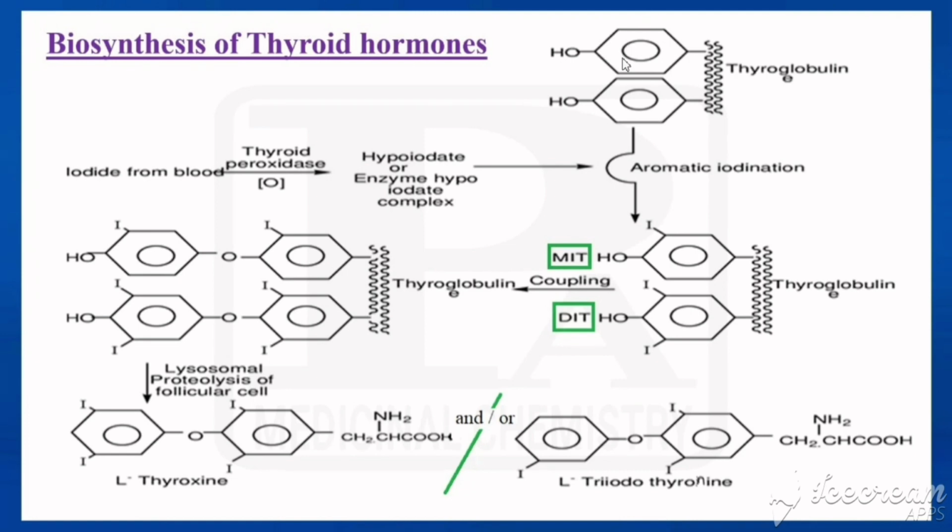Tyrosyl residues present in thyroglobulin undergo iodination and we are getting iodotyrosyl residues. They can be called DIT and MIT. What is DIT? Diiodothyrosyl residue, and this is monoiodothyrosyl residue. These two are bound to thyroglobulin because already we have seen thyroglobulin is a matrix. So these would be attached to the thyroglobulin.